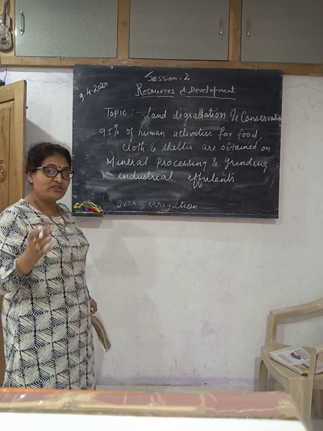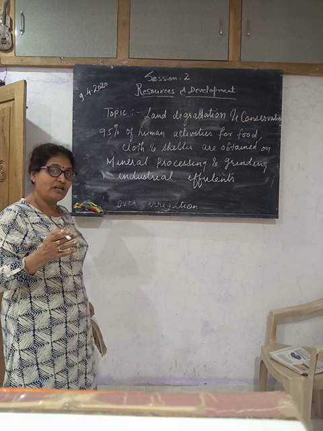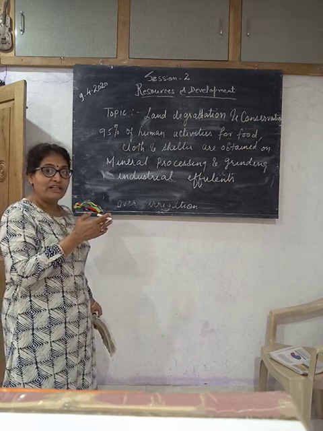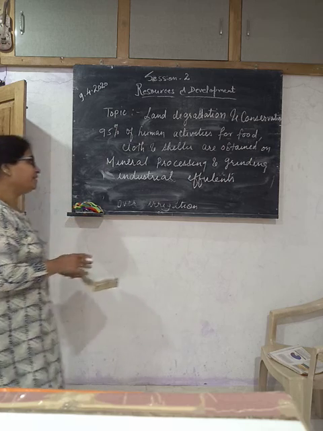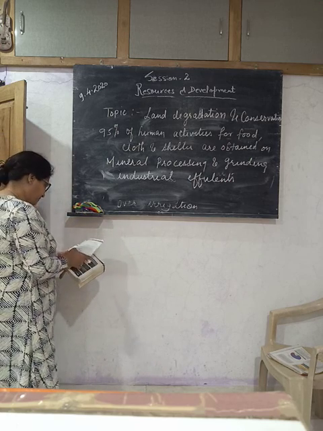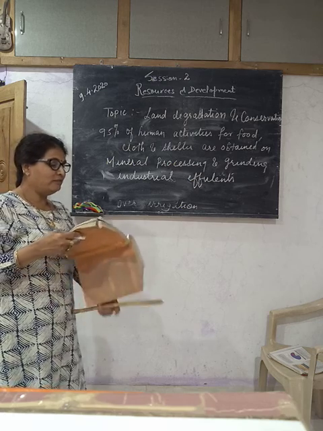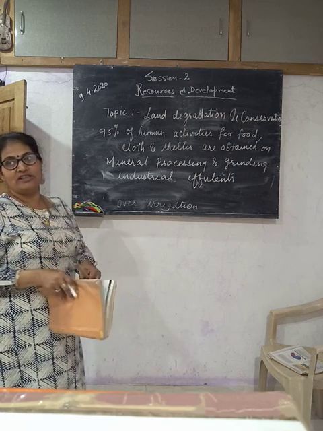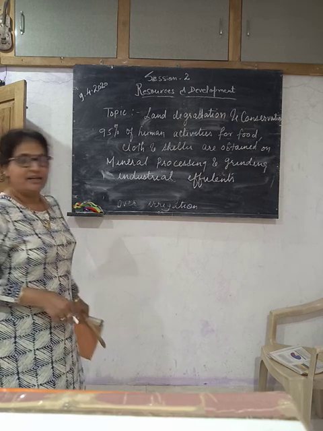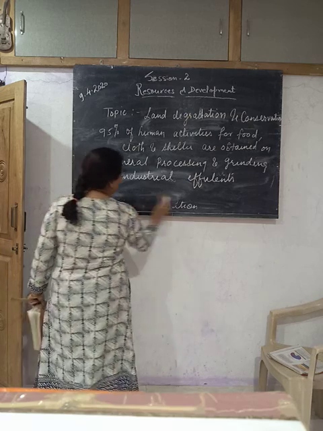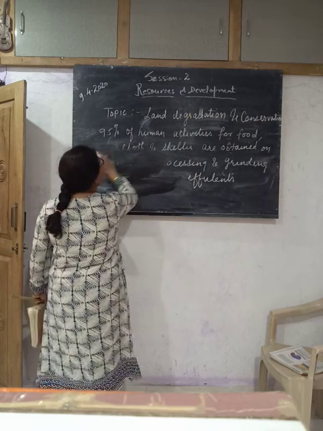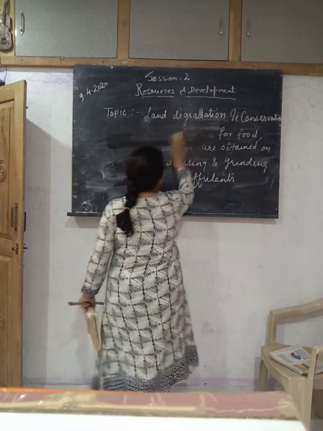When it is mixed in water or in soil, it degrades the quality of soil and leads to land degradation. Then what are the ways to check this land degradation? In our next topic, we will see the ways to check land degradation.